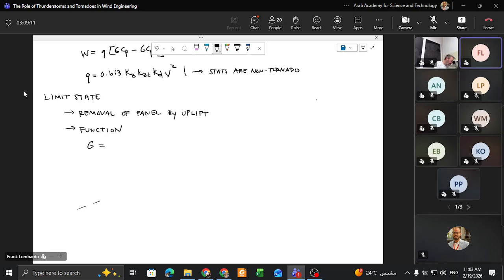What's our limit state function going to look like? Let's say this is our roof system, maybe something like this. We're looking at some panel on the edge, let's say here. So this is our gable roof.